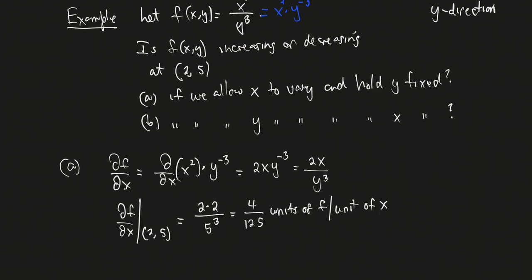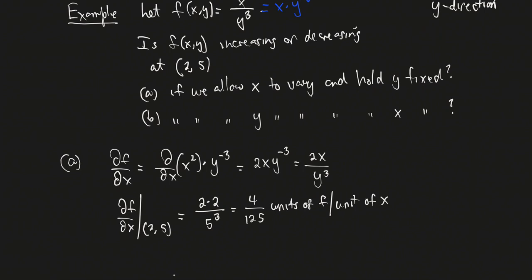Now, since it's positive, since our df dx evaluated at (2, 5) is greater than 0, then we know the surface, or the function, or the z value is increasing at this point, in this direction.